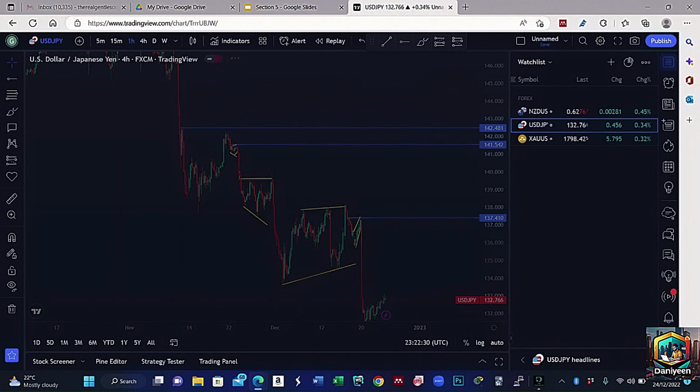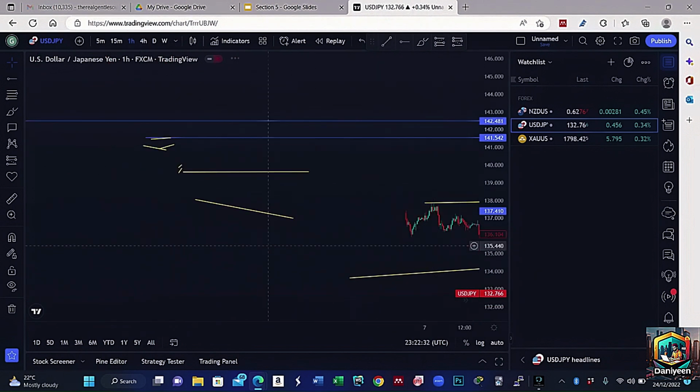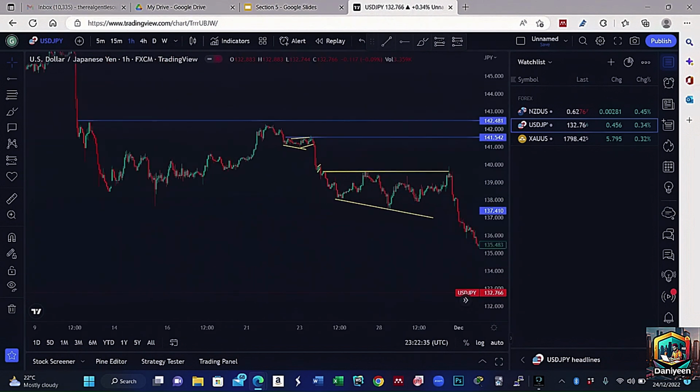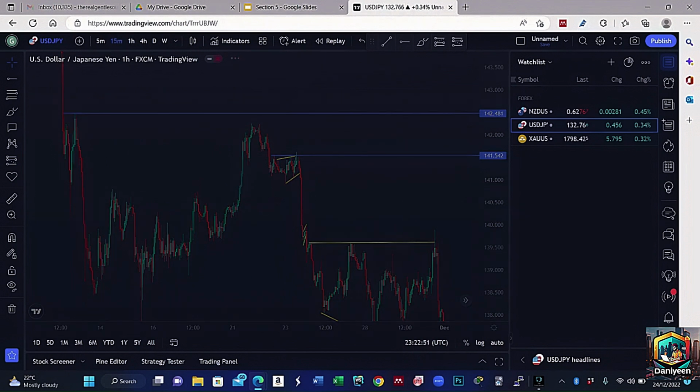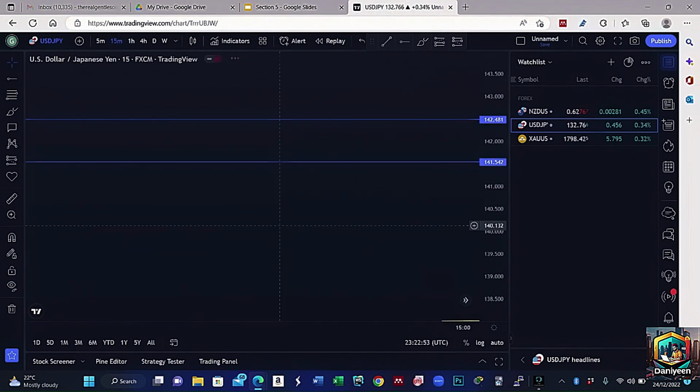So let's go to the 1 hour time frame. In the 1 hour time frame, we can see that after price reversed without reaching the high, it created a correction. So in that correction, let me delete this. Okay, in that correction, let's go to the 15-minute time frame to see this clearly.